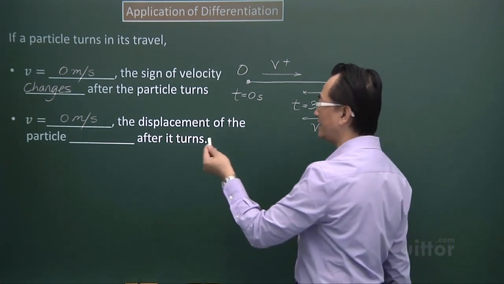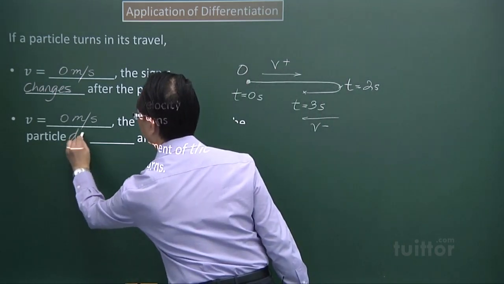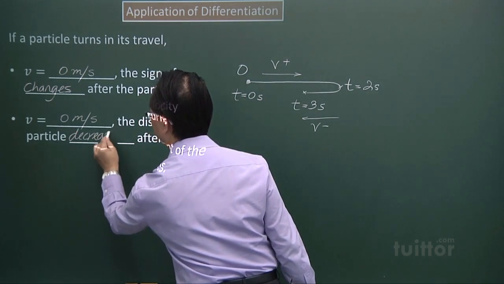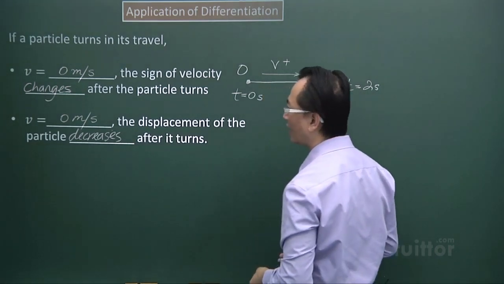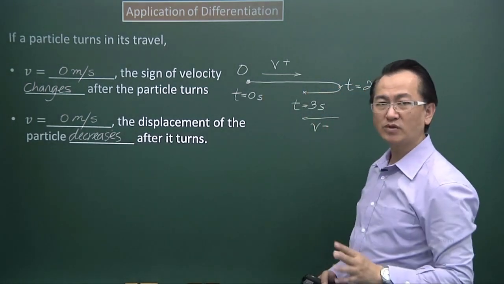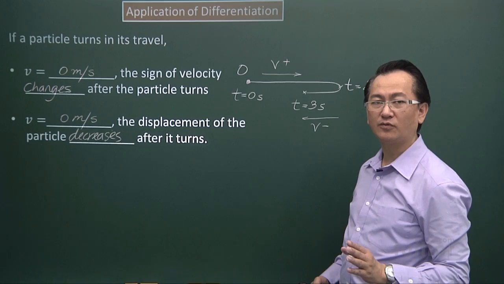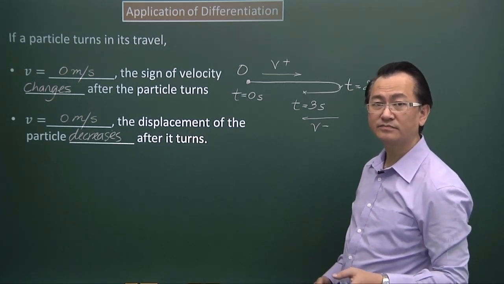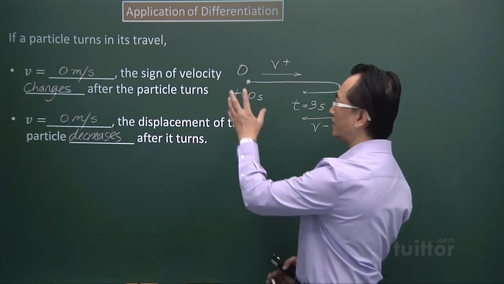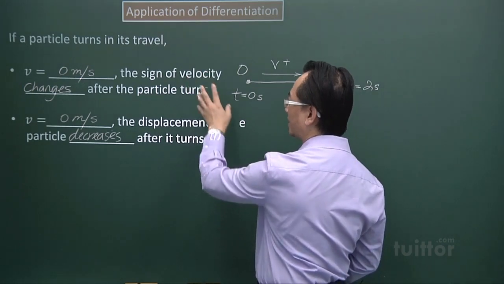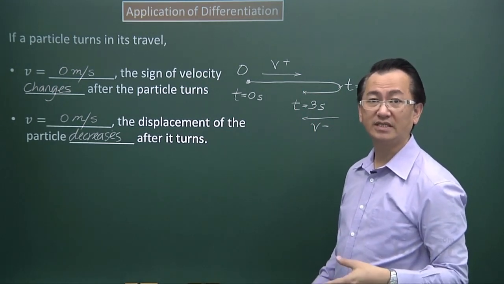So what I would say here is that the displacement of the particle decreases after the turn. So the most important thing is that when v is equal to 0 meters per second, there is an indication that the particle may have turned. So we use such gauges, the sign of the velocity and the magnitude of the displacement, to determine whether the particle indeed has turned.